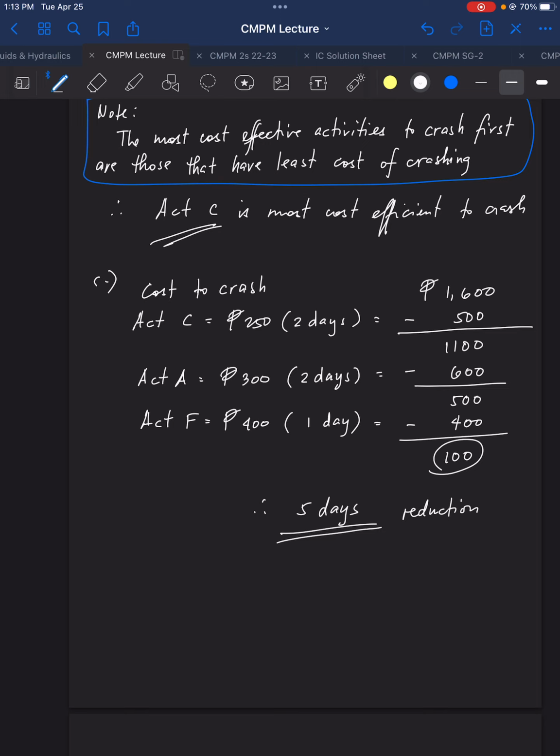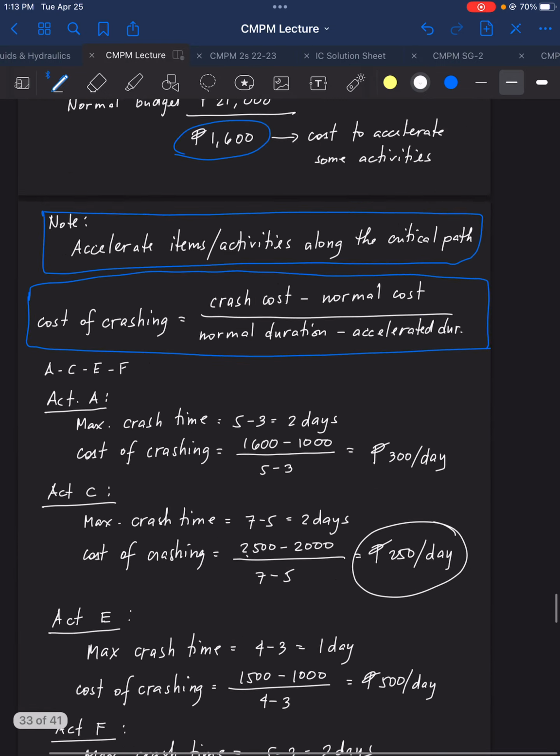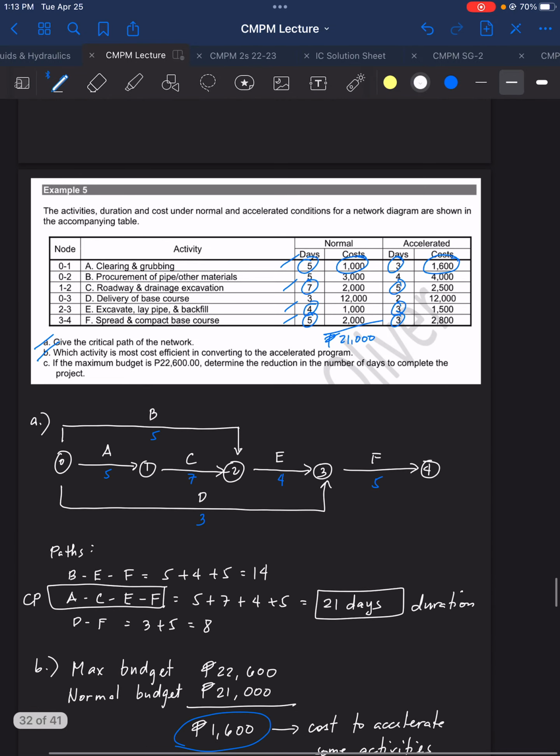So you can save 5 days for the project. Okay, so that's all for example number 5.